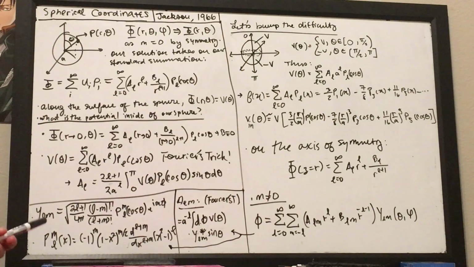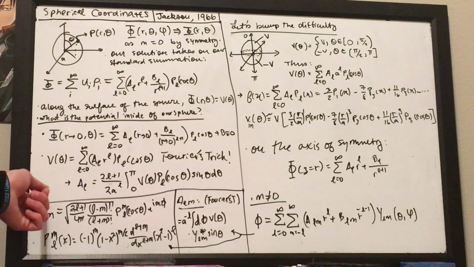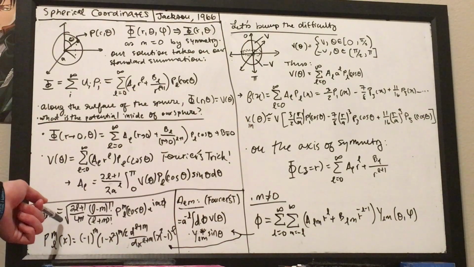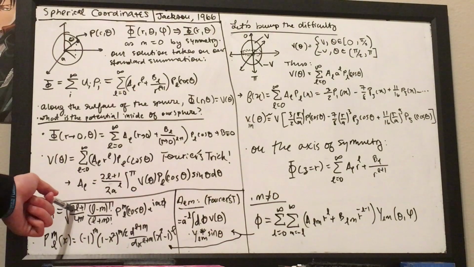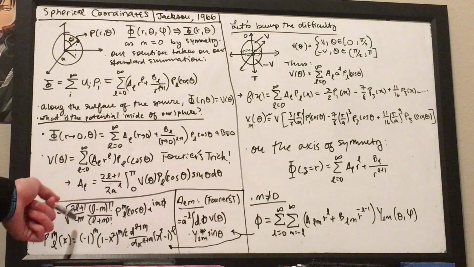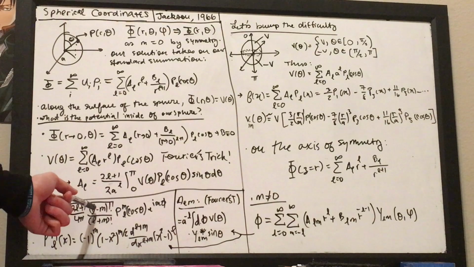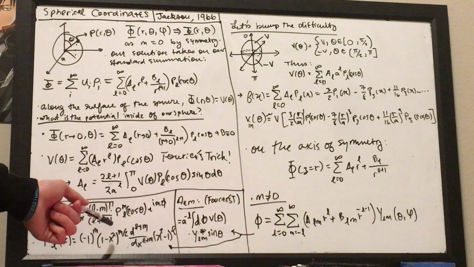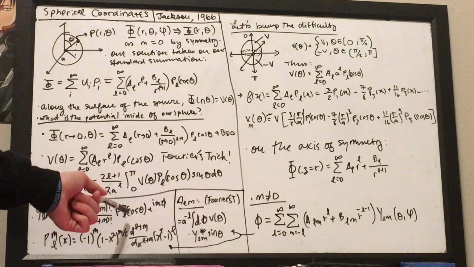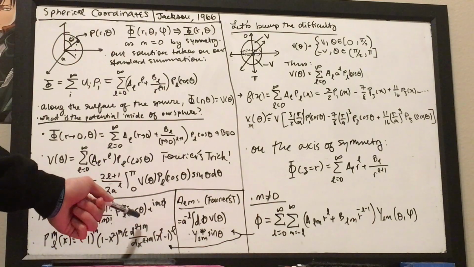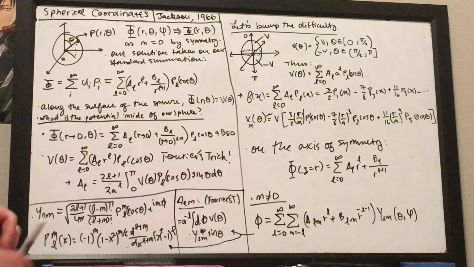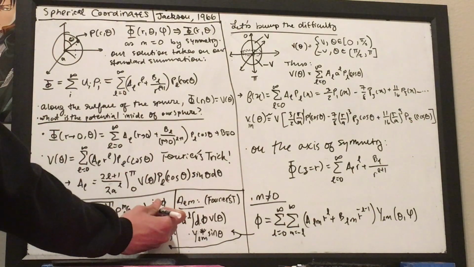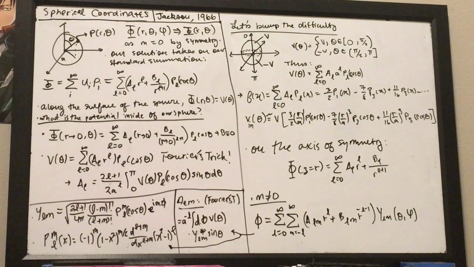The general spherical harmonic can be written as the square root of (2L plus 1) divided by 4 pi, multiplied by (L minus m) factorial divided by (L plus m) factorial, times the associated Legendre polynomial of cosine theta, times e to the i m phi.